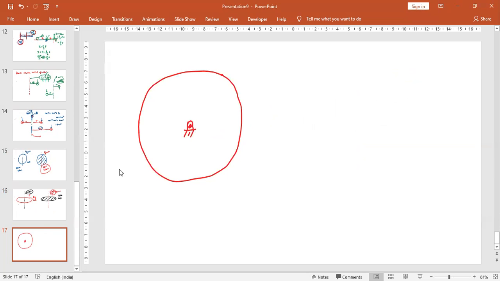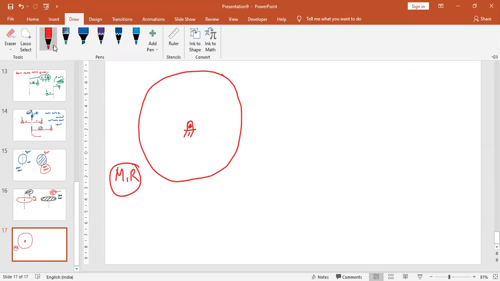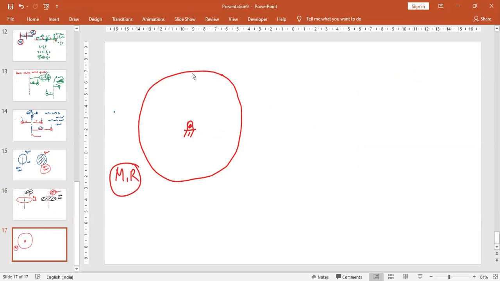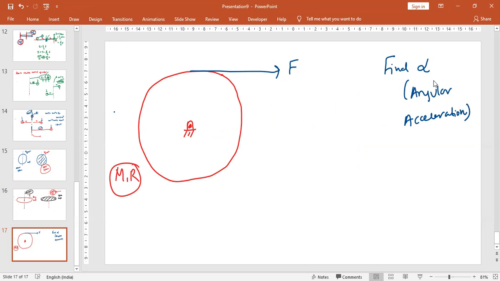We have a solid sphere of mass m, radius r, and suppose that I am applying a force like this on this sphere. My question is, find alpha. What will be the angular acceleration alpha?